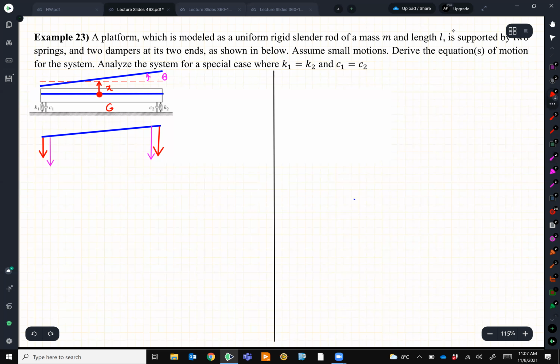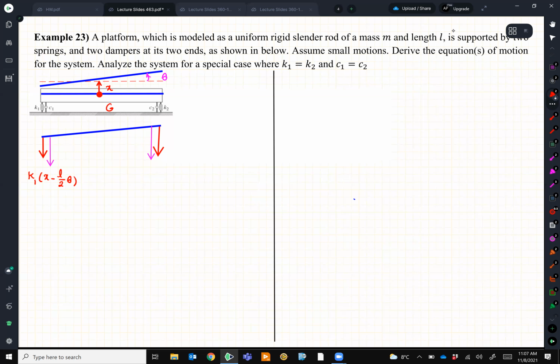So for each side, on the left side for the spring, I know the force is K1 multiplied by the amount that it has been deflected. If I look at that point, K1 moves up by X, and then it was compressed by L/2 theta. So I make an assumption that X is bigger than half of L theta, so my force will be tension, and I show it like that.